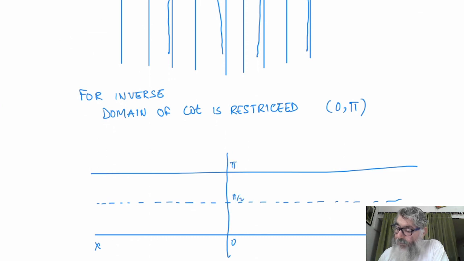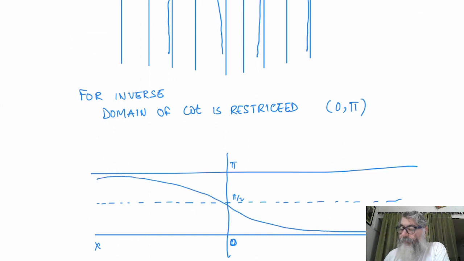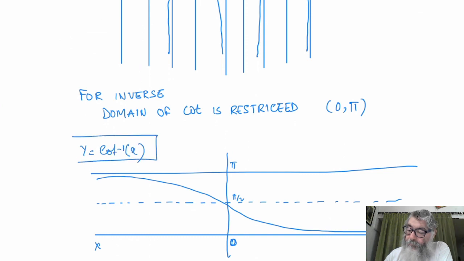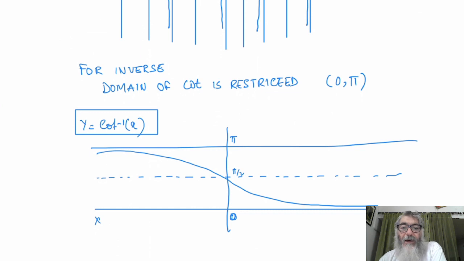This is 0. And the curve is just the reverse, like this. This is y equal to cot inverse x. It's just the reverse of the smile, the extended smile, as for tan inverse.